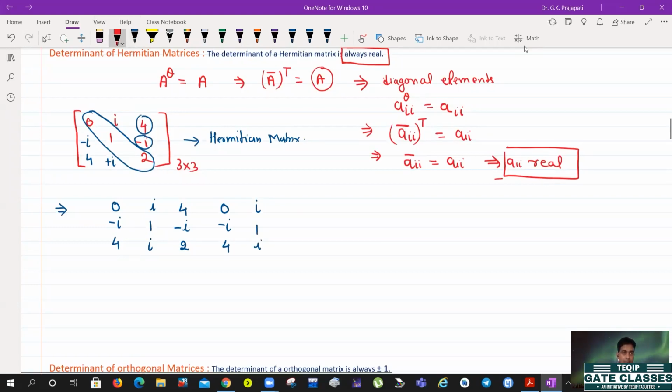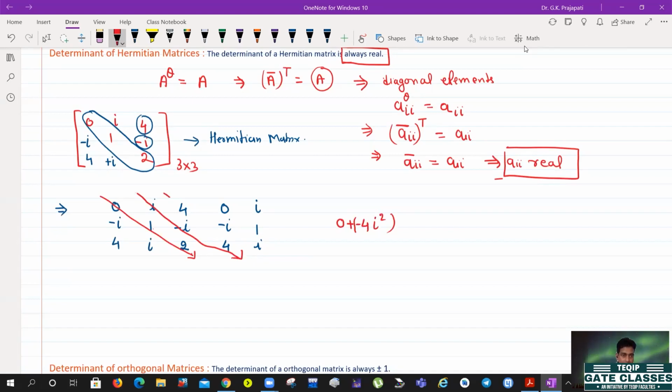To find the determinant, we make a diagonal from the top and multiply its elements, meaning 0 into 1 into 2, which means 0. Plus, make another diagonal from the top: i into minus i into 4, which means minus 4i square.